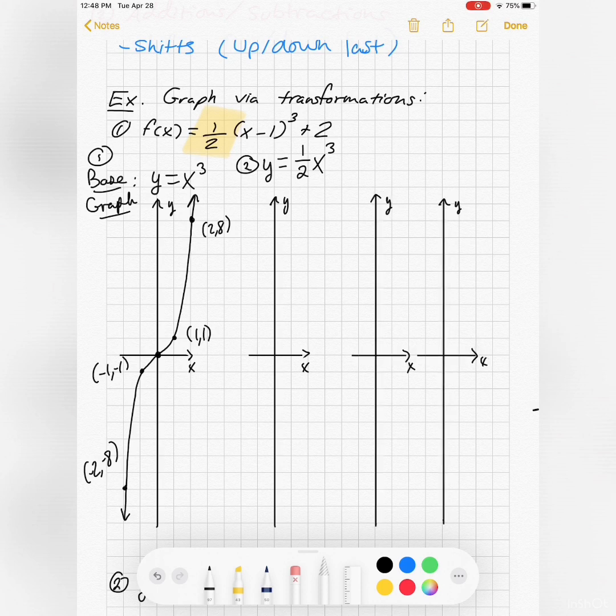Keep having to move that. So what does that do? So that's what we talked about above. When I take this 1/2, it's multiplying the whole function by 1/2. So what rule do I follow? I take all the y's and multiply them by 1/2. So in that case, this is a vertical compression.